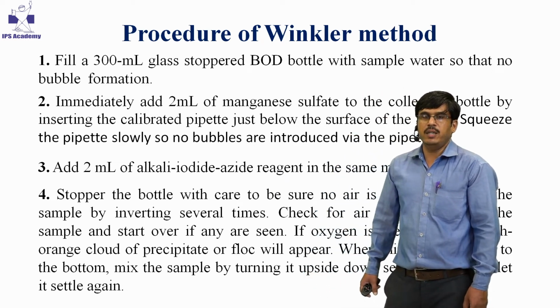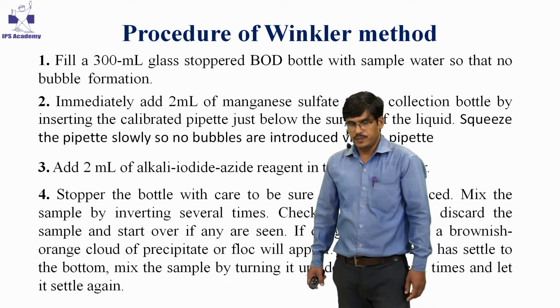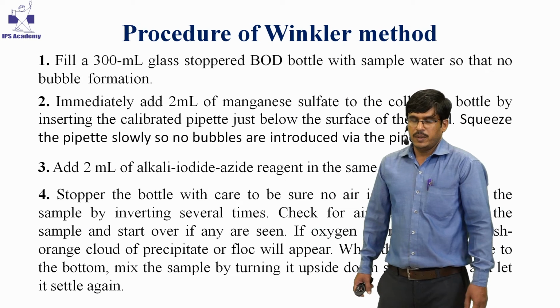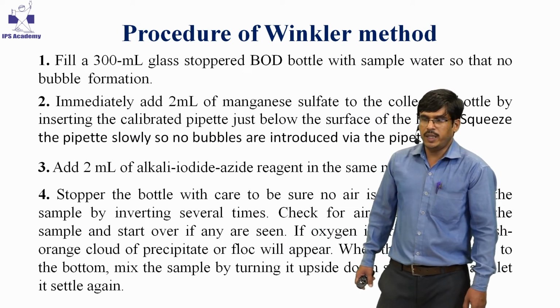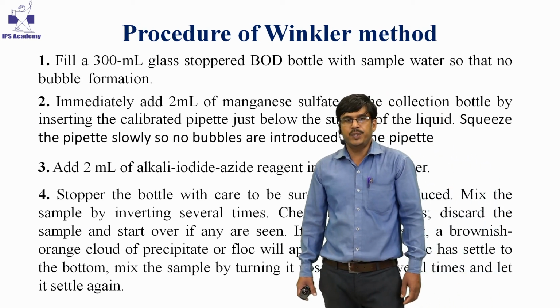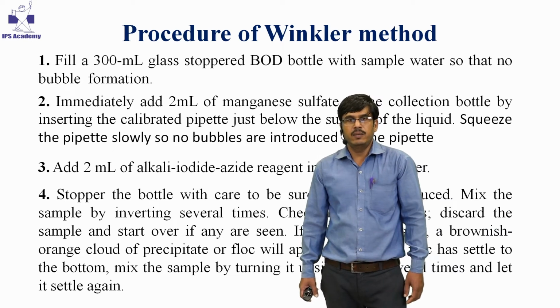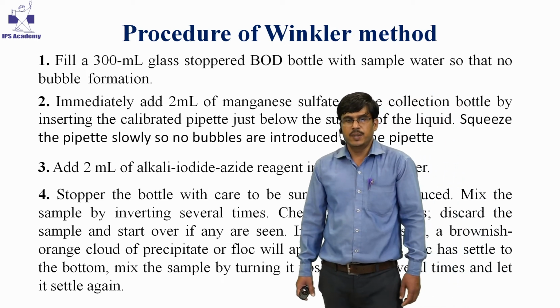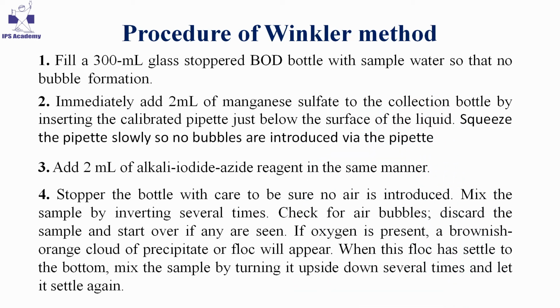While adding the manganese sulfate solution, we have to take precaution that the reagent should be added in the BOD bottle just over the surface so that no oxygen from air can dissolve in the bottle.